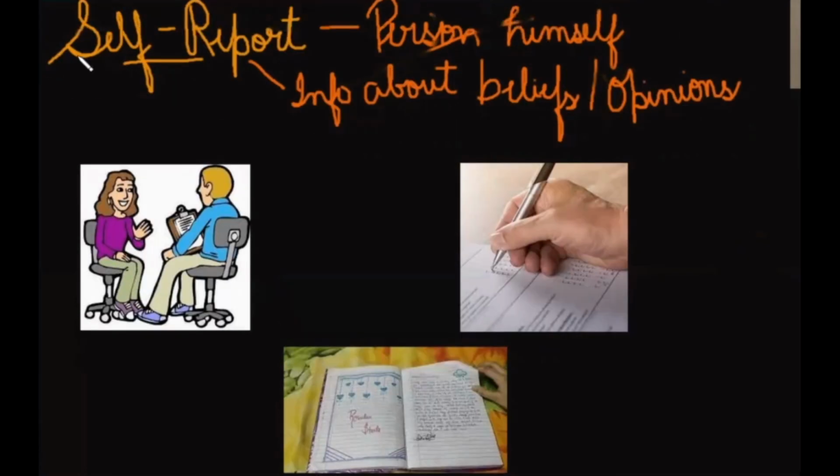So this is all self-report. Basically self-report is that the self is reporting about himself. I mean, the individual himself is telling about himself. This is just the individual's work, and this is how the individual shares information with the researcher or with the other person concerned. Okay.